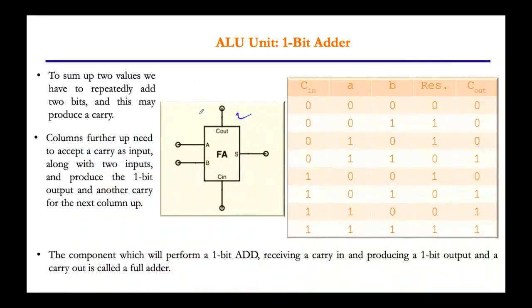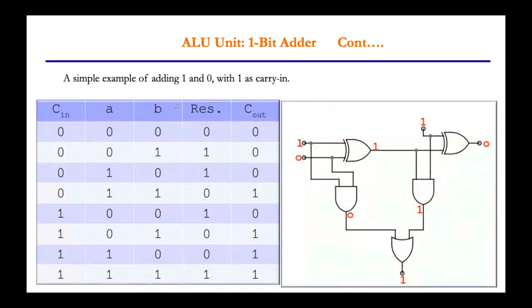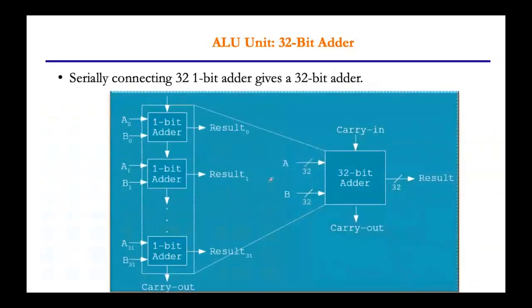So like this, for 32 bits, 32 units are required. Okay. So in every unit, how many gates will be used? 5 gates will be used. Okay. So this is another simple example of adding 0, 0 and 1, and this is what we just observed in the previous slide also.